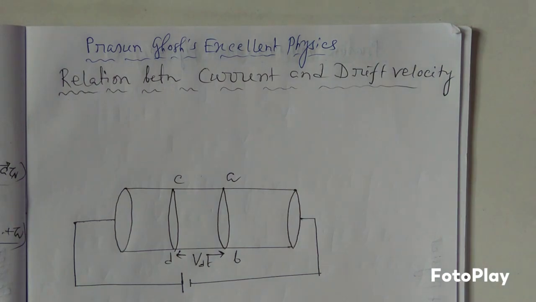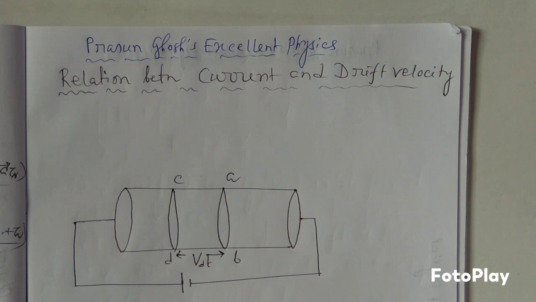Today we have to find out the relation between current and drift velocity. In the previous class we learnt the relation between drift velocity and relaxation time. First of all, we have to know that a metallic conductor consists of a huge number of free electrons.